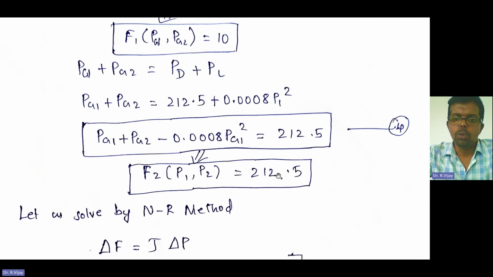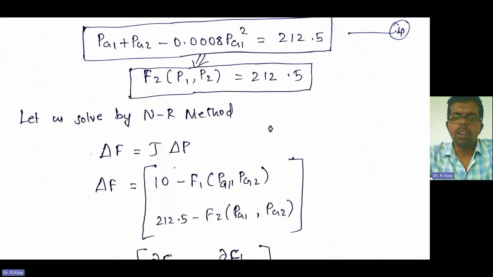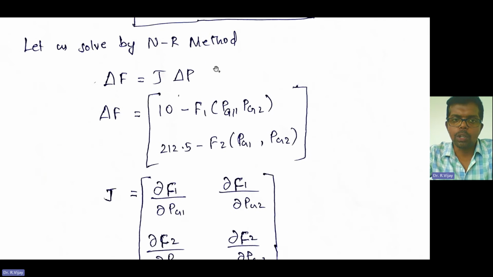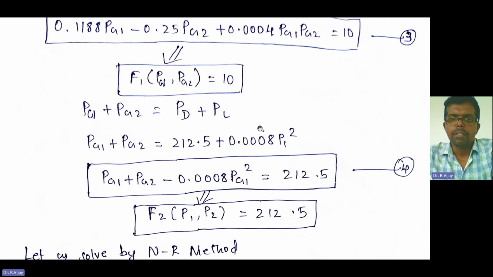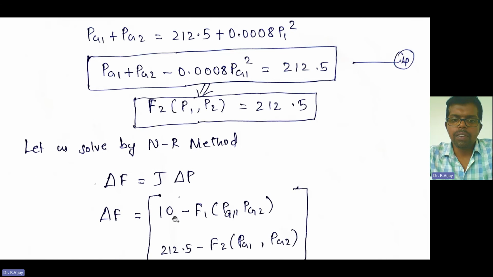That is 212.5. Let us solve by using the NR method, Newton-Raphson method. That is del F is equal to J into del P. So del F is the change in the function. F1 of Pg1 comma Pg2 is equal to 10, so the change in the function is 10 minus F1 of Pg1 comma Pg2.